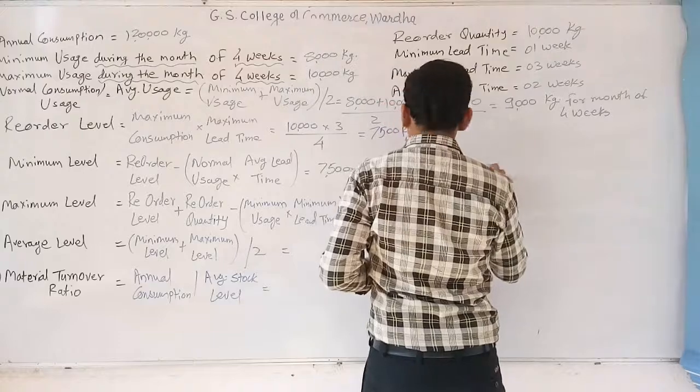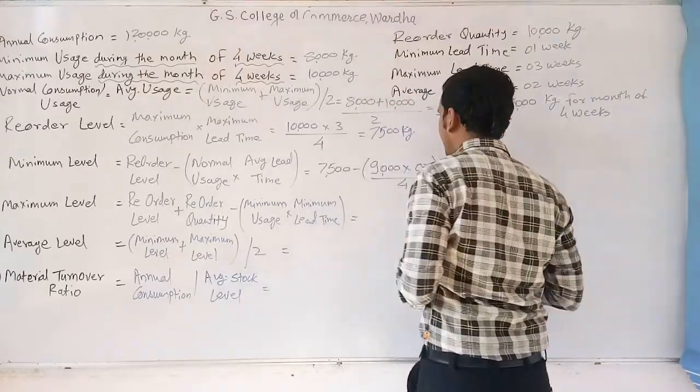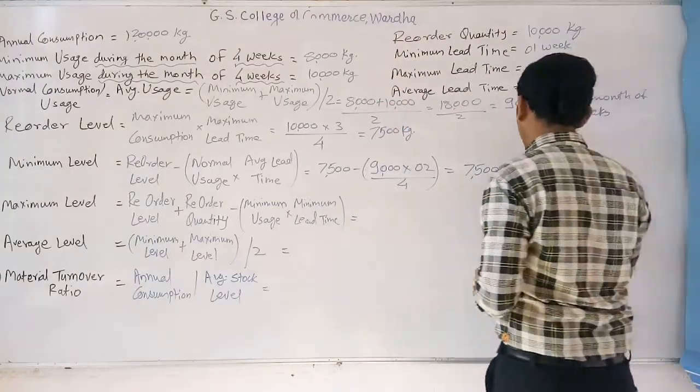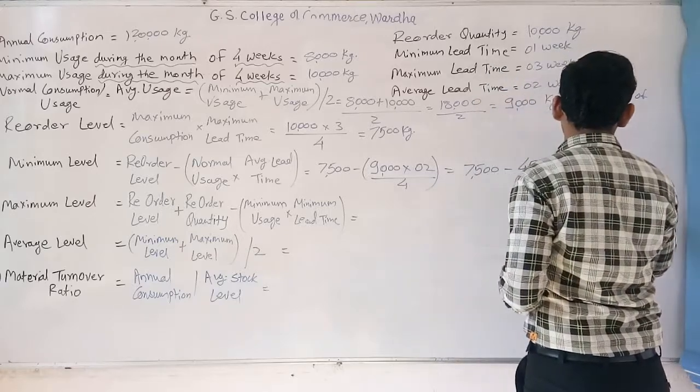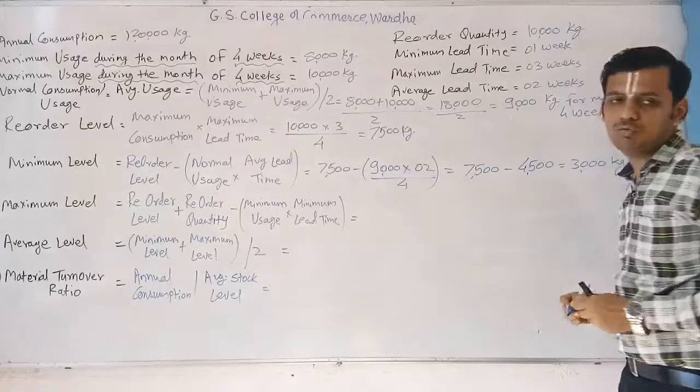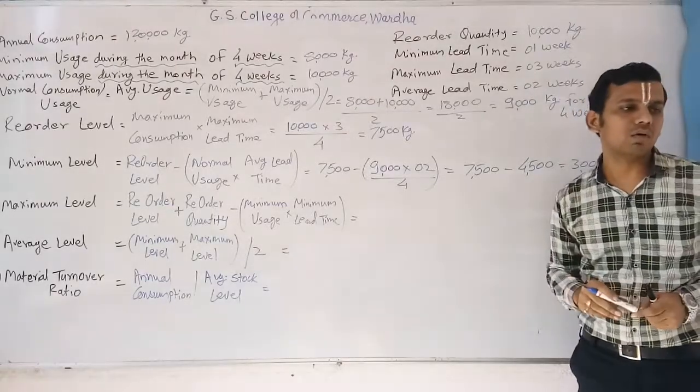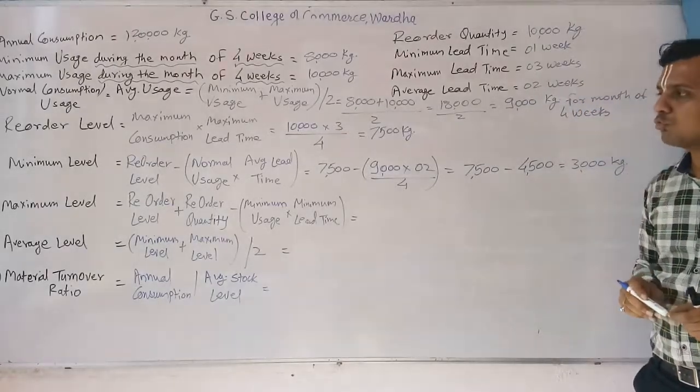So 7500 minus 4500, we would get our answer as 3000 kg as our minimum level of stock.